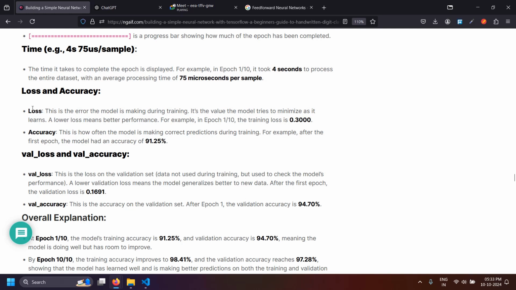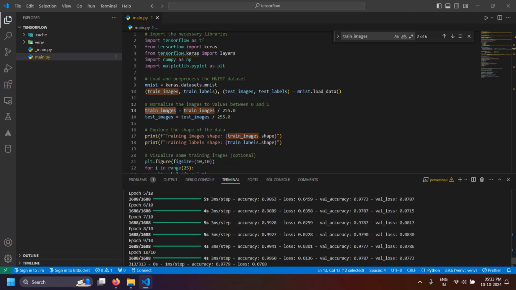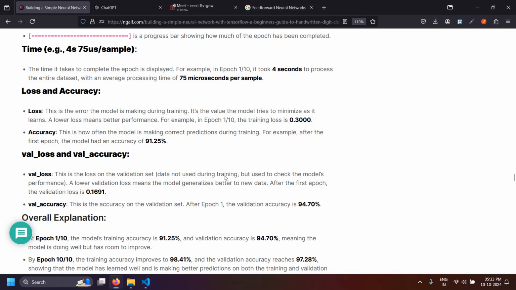Then you will see the loss and accuracy. Now how to read these things? The loss is the error the model is making during training. It's the value the model tries to minimize as it learns.